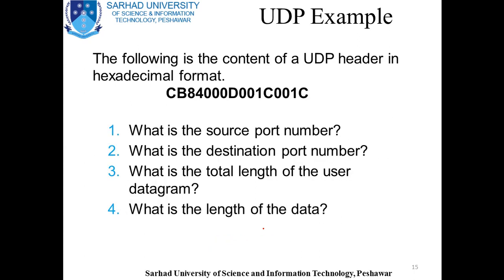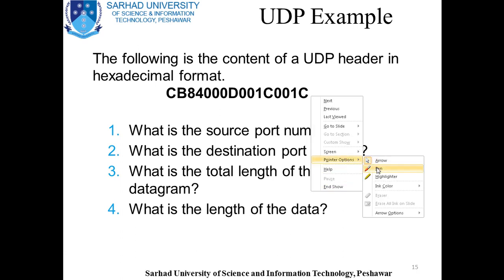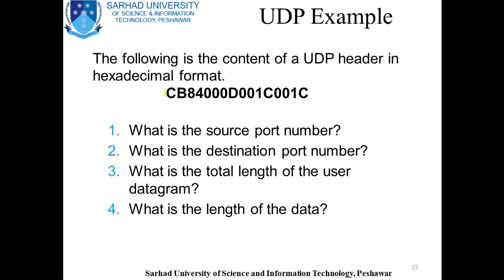So let's get started with a very good example of UDP. You can see that the content of a UDP header is in hexadecimal format, and it is mentioned over here. This is one of the headers, and it is basically 16-bit long.